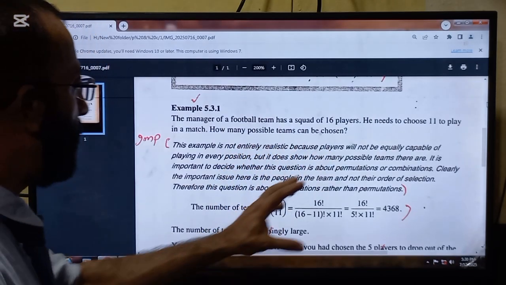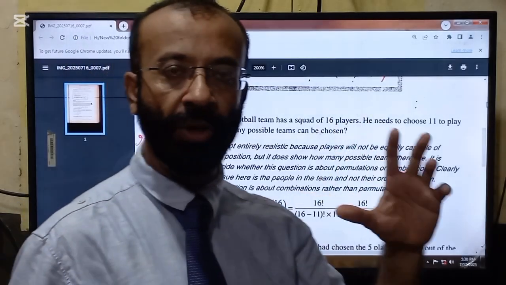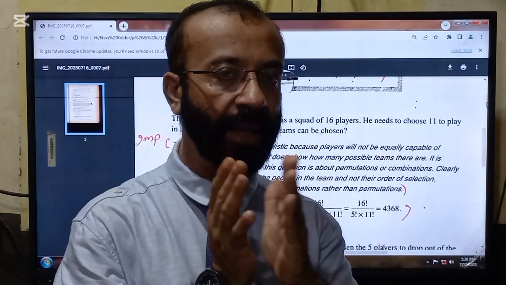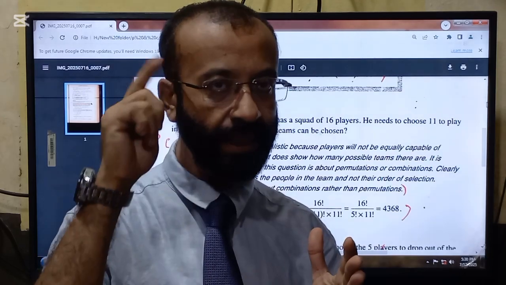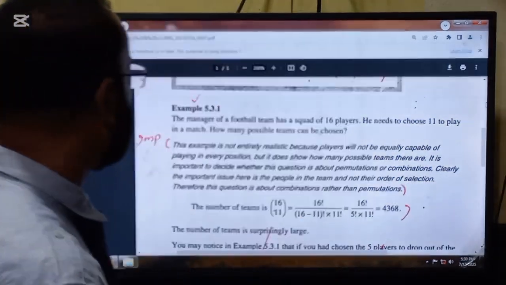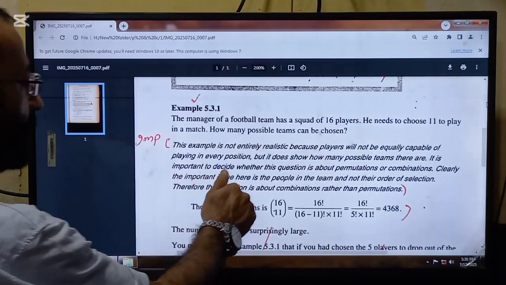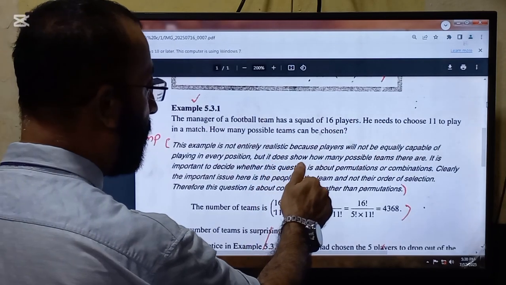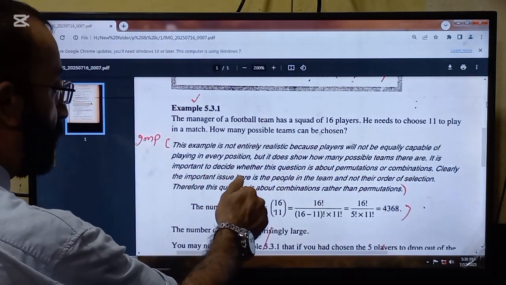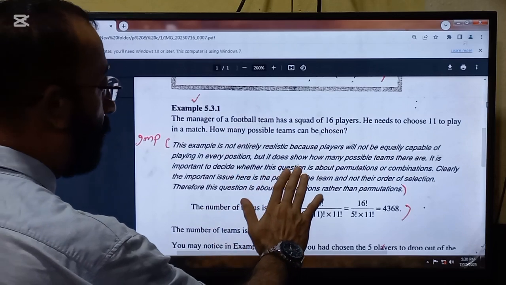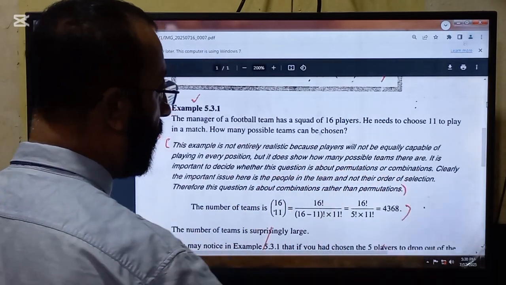So look now, here is the explanation that will make your concepts clear. Is this question of permutations or combinations? So this is the thinking process. This example is not entirely realistic because players will not be equally capable of playing in every position, but it does show how many possible teams there are.